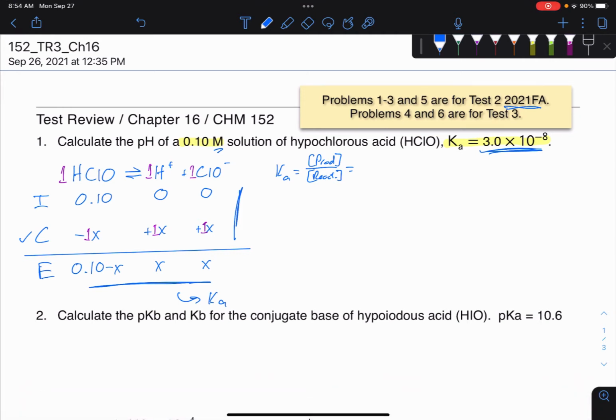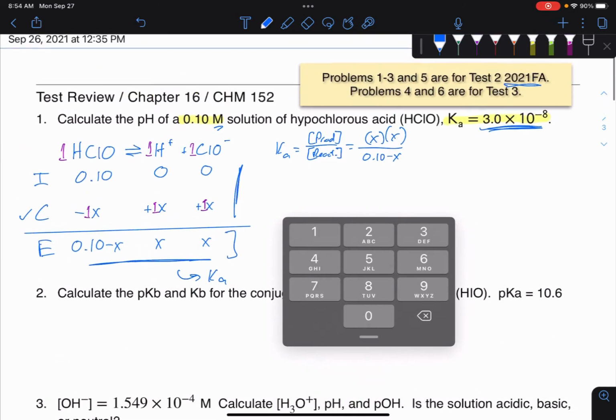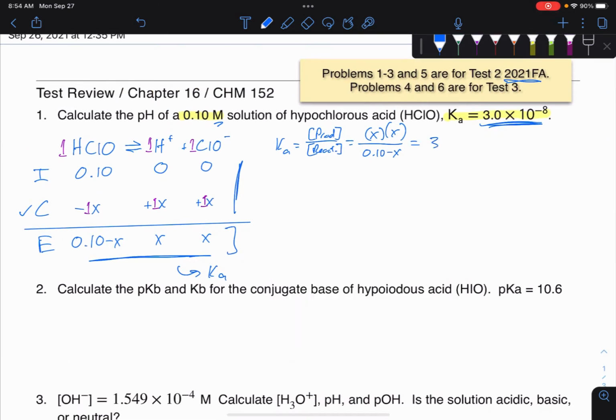Instead of substituting in some quantitative value, you're just using what's on the equilibrium line to represent the concentrations for the individual products and reactants. Now, this expression is then equal to this Ka value.